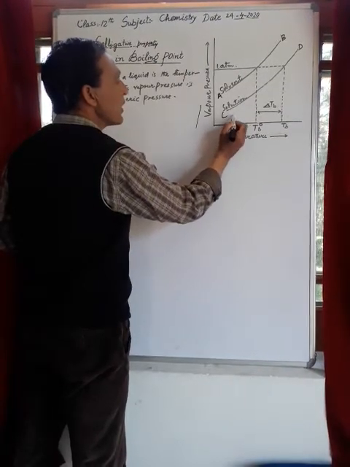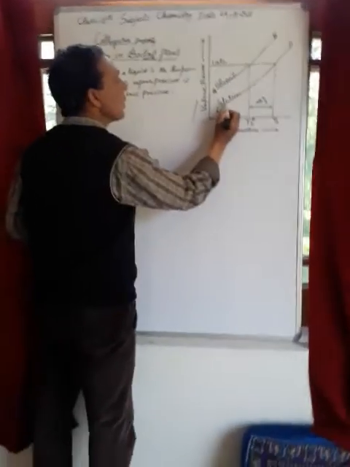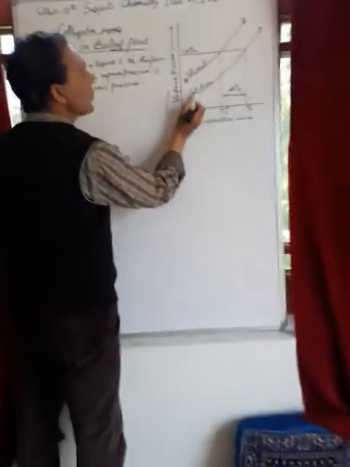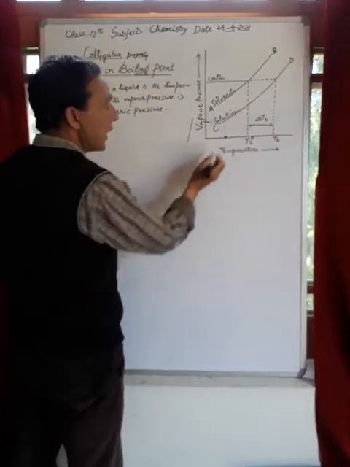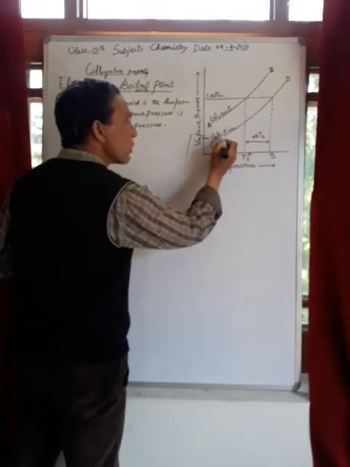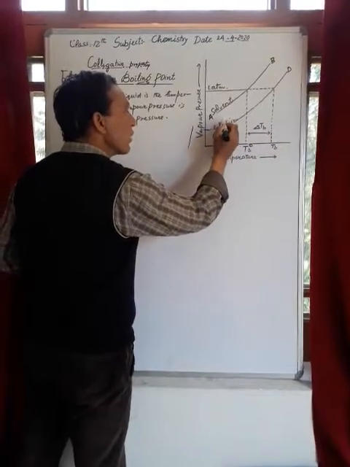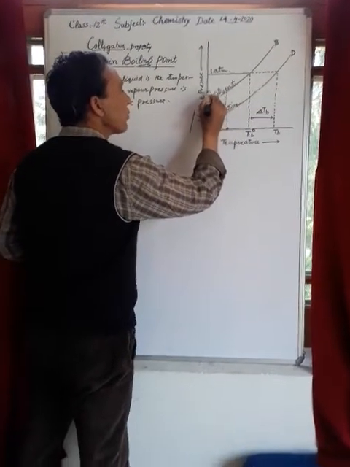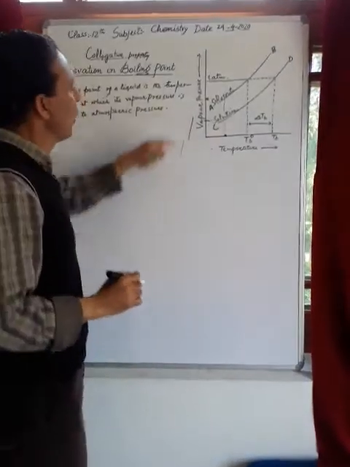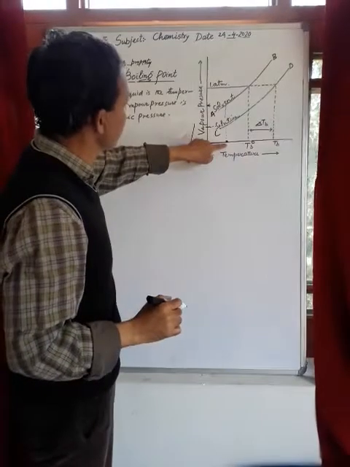For example, we will take this temperature. At this temperature, this is the vapor pressure of the solution. And at this temperature, what will be the vapor pressure of the solvent? So we increase it here, and this is the vapor pressure of the solvent at this temperature.